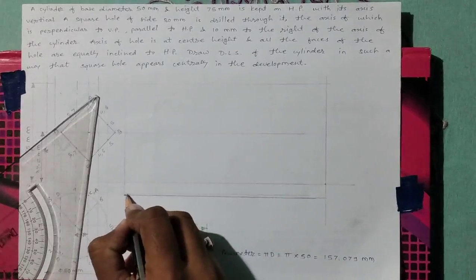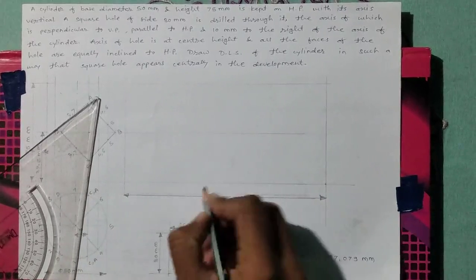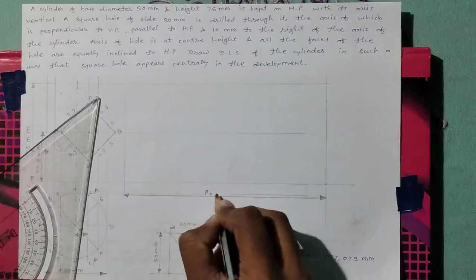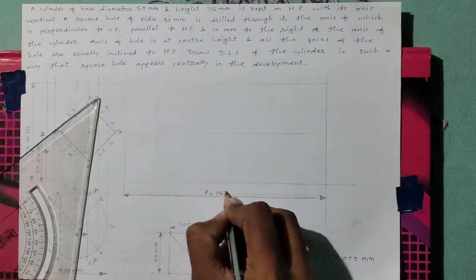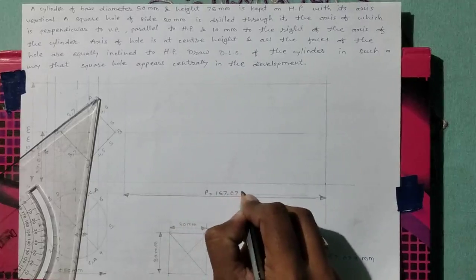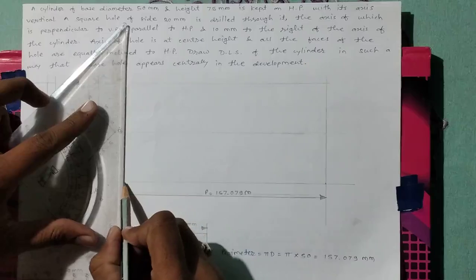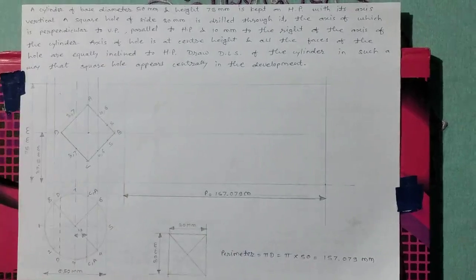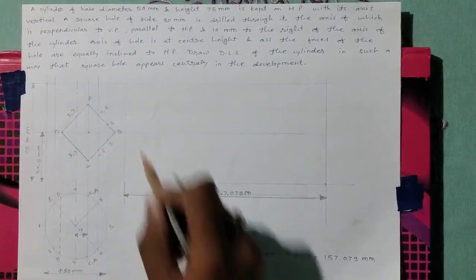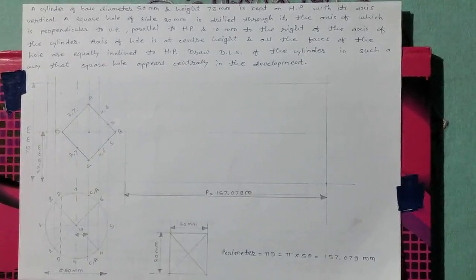We are giving the dimension, that is perimeter is equal to 157.079 mm. This is the particular dimension. After that, the rectangle of development is ready.